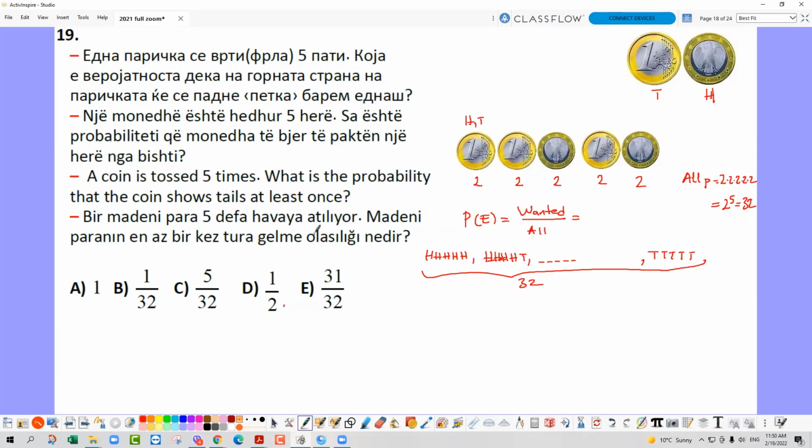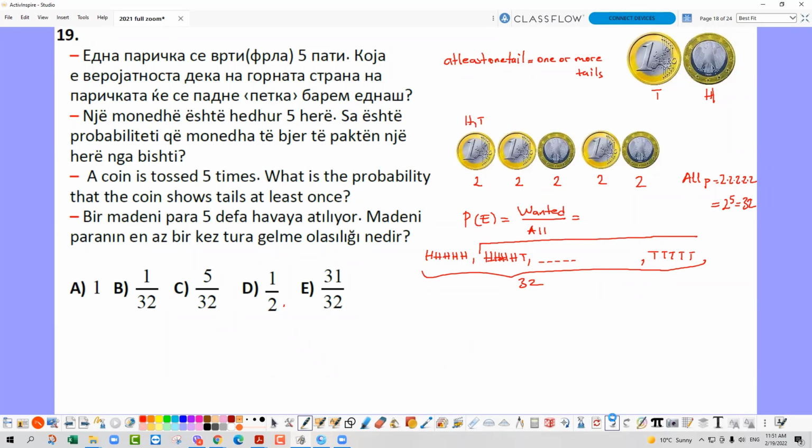It's not easy to write all 32 possible cases, but we should try to understand it. What is at least one tail? At least one tail means one or more tails. One tail is going to be here, and more tails here. Only the case without tail is on this side.